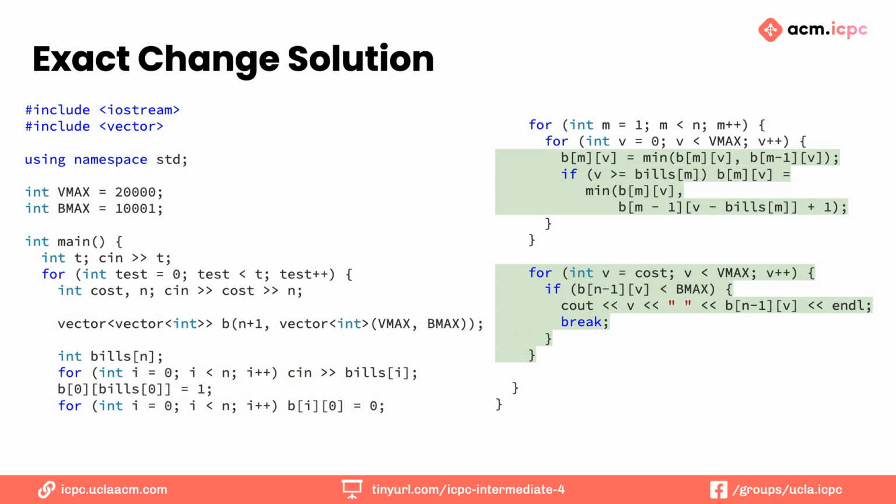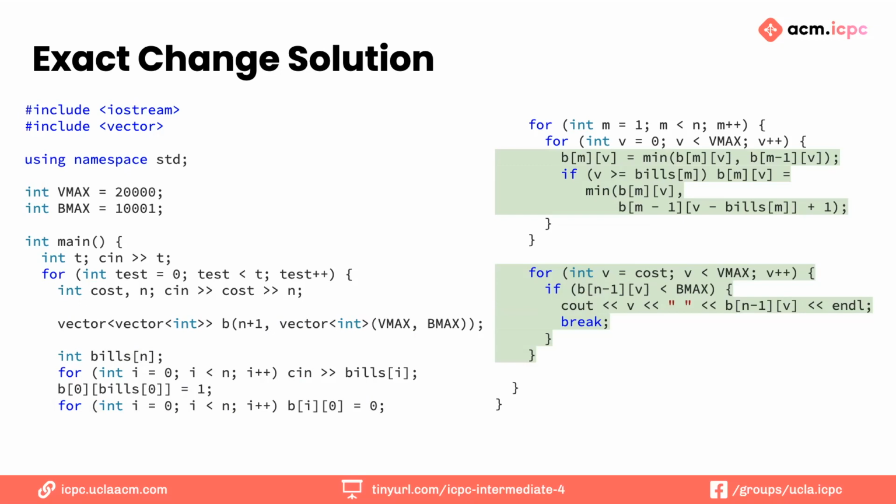And then in the second blank, we're basically just going to start a for loop at the column of our cost target. And until we find something that is less than Vmax, which is representing our value of infinity or unreachable in this case, we will continue moving right until we find a value which is valid and exists.